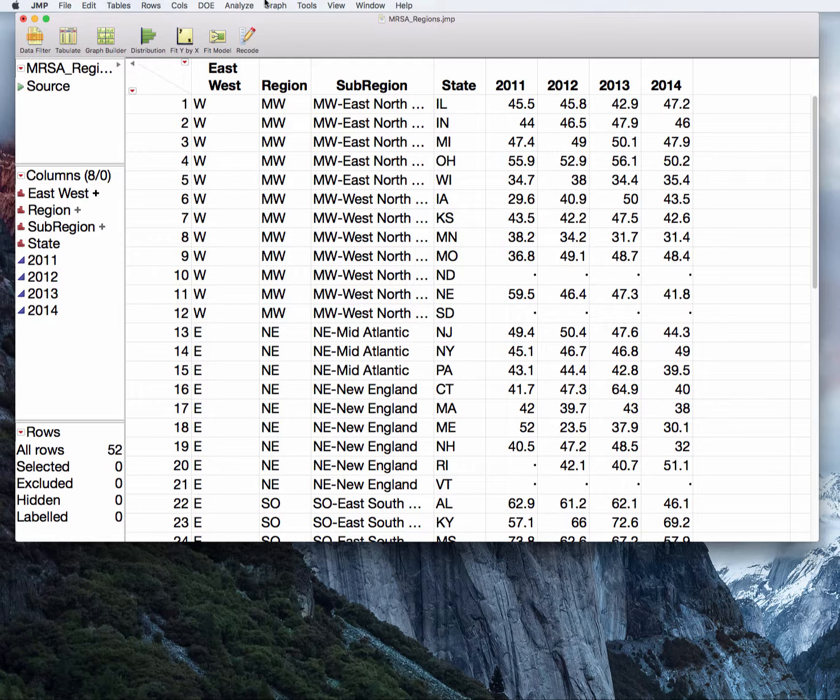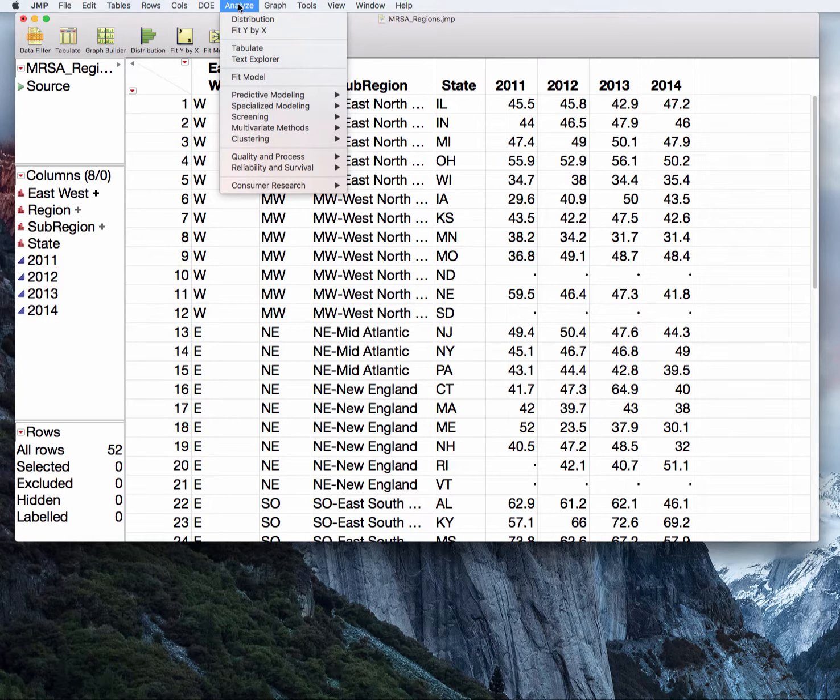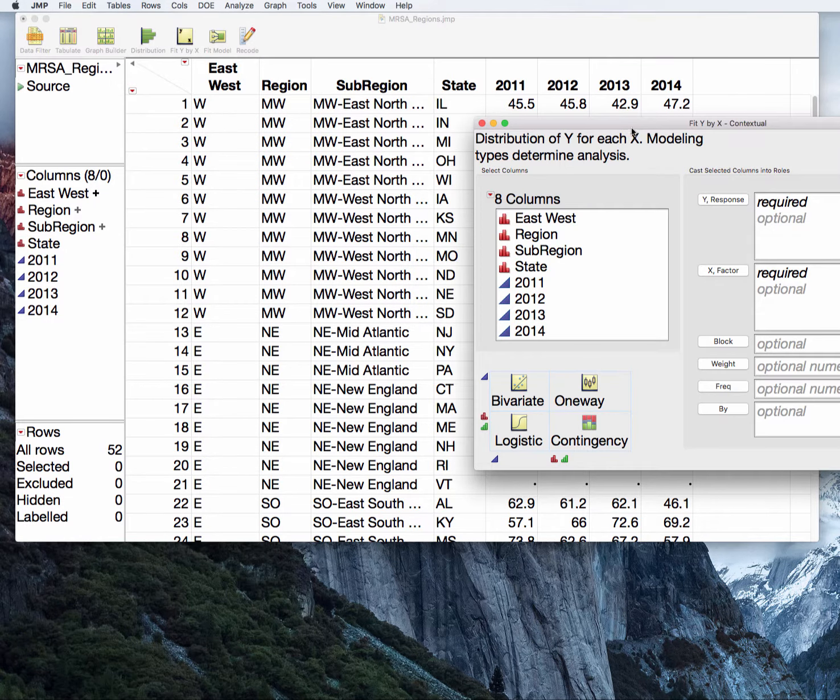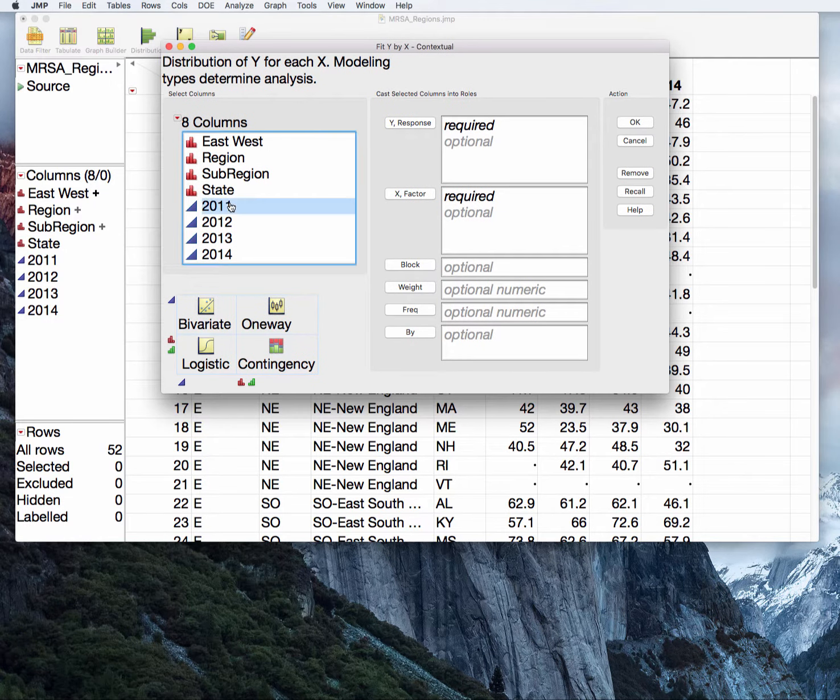To then start looking at it by the east-west regions, we'll go to Analyze, Fit Y by X. We will put 2011 in our Y response and east-west as our X factor. With a Y response and a red categorical variable as our X, we'll get a one-way ANOVA.